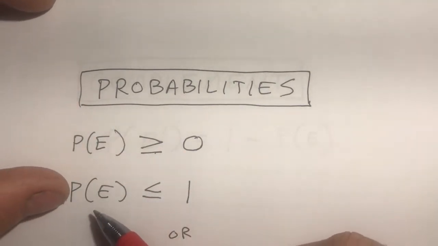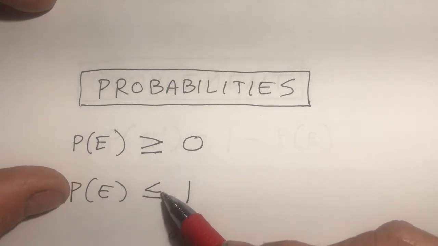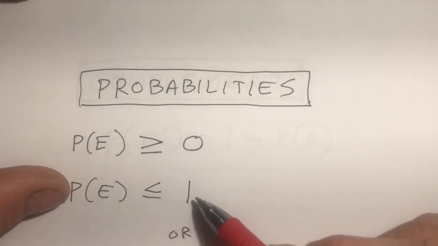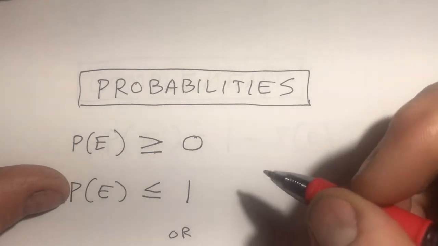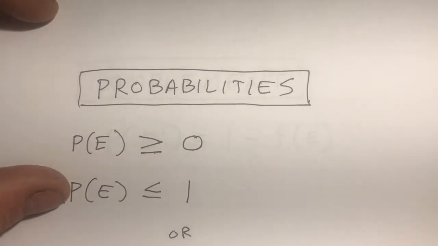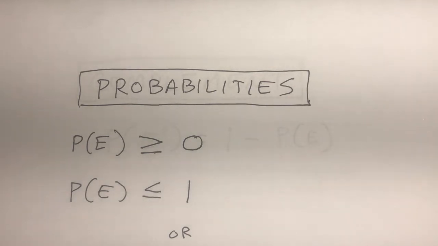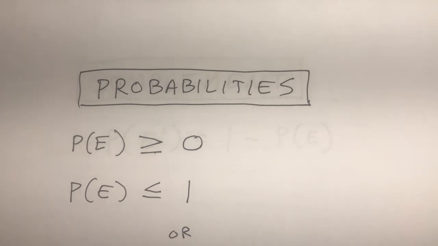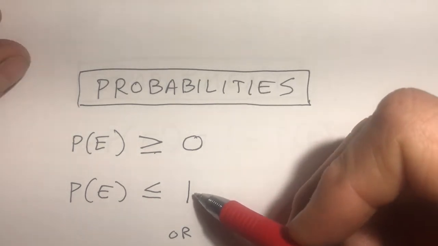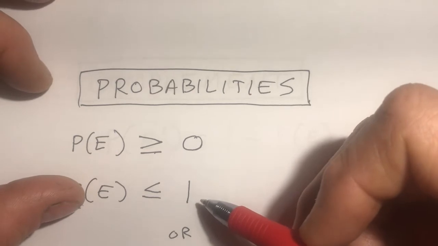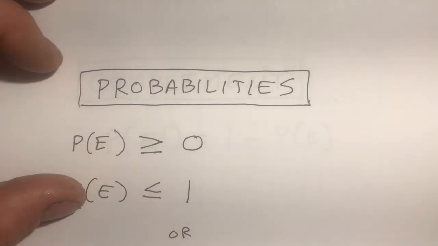Now, another thing is the probability of an event has to be less than or equal to 1. Okay, so like if I shoot these 10 free throws, what's the probability that I make 1? Well, it's possible I could make 0, I could make none, but it is possible to have a probability where it's 100% going to happen.